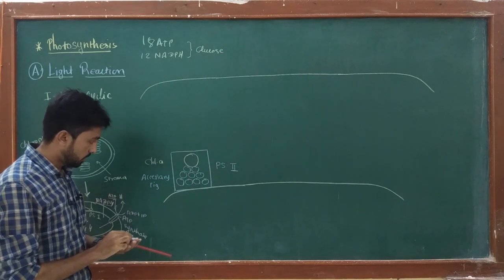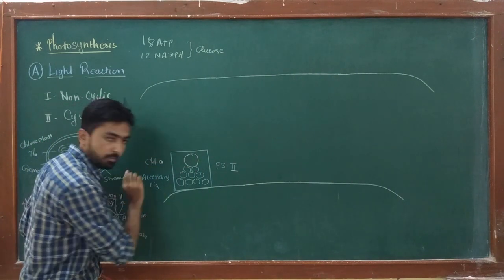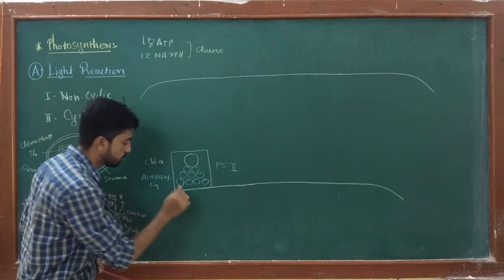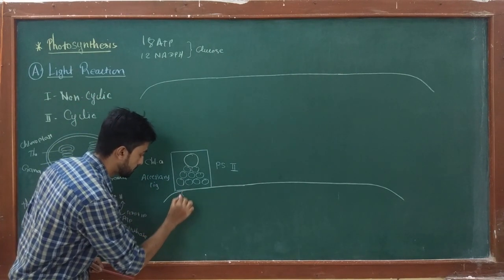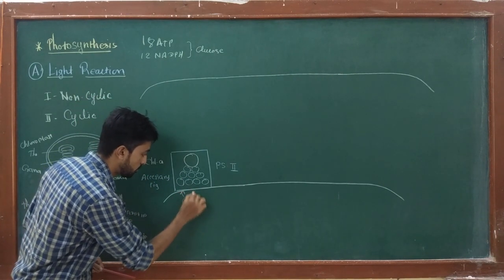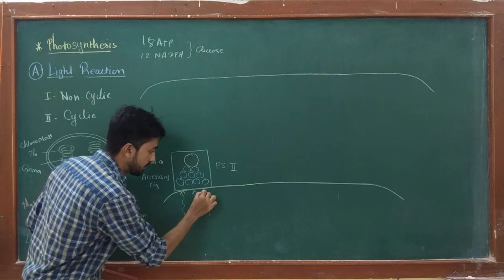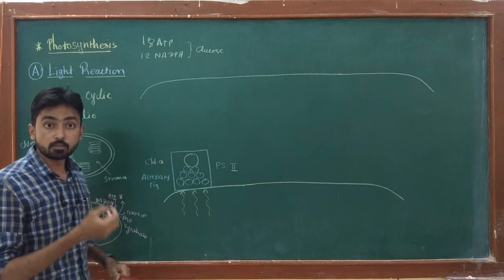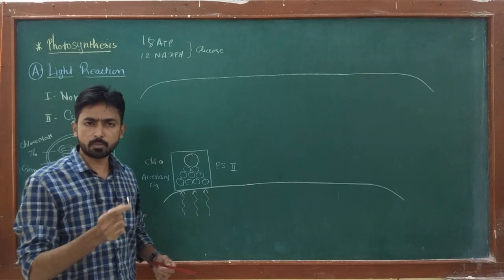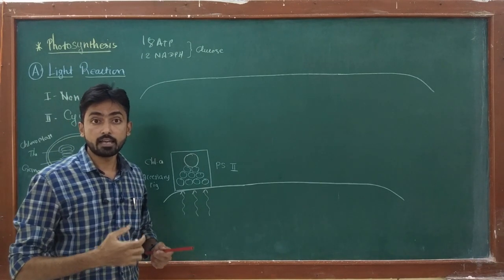This accessory pigment absorbs light of various wavelengths. Here I am showing you light. We know that light travels as a wave as well as a photon. Photons are the smallest particles of light that carry energy.